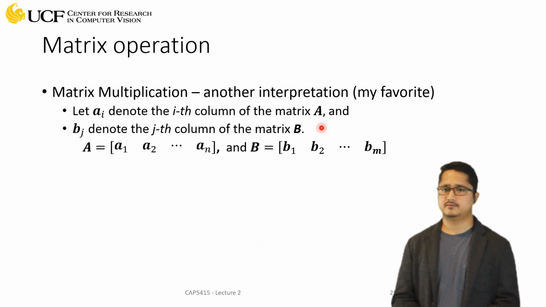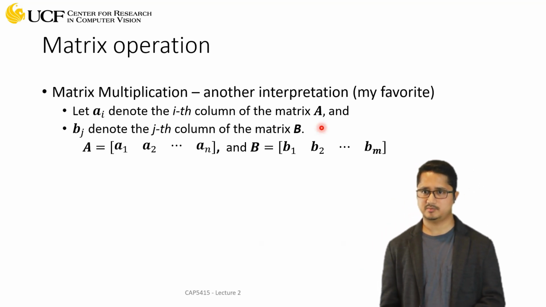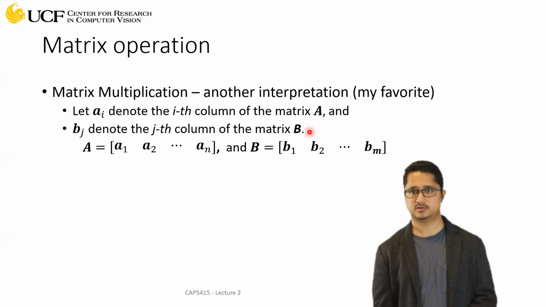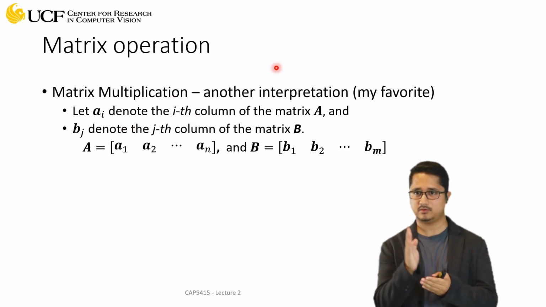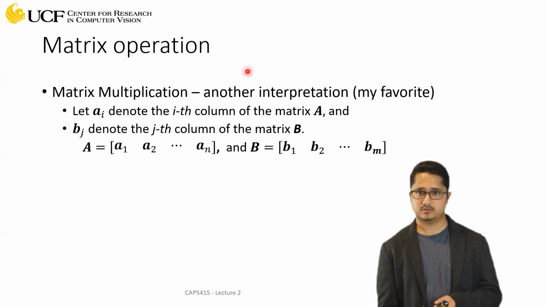Now, before that, let's first try to represent these matrices as columns. For example, let's say A is the matrix, and of course it will have a certain number of columns. We denote each column as Ai, which is the ith column of A. And again, we can also represent matrix B as Bj, a set of columns, where Bj is the jth column.